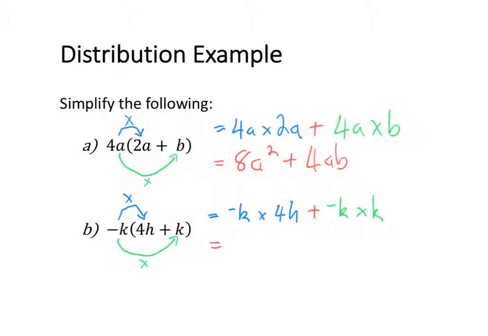So negative k times 4h is equal to negative 4hk, and then plus negative k times k is equal to negative k squared. So my simplified answer is negative 4hk plus negative k squared, or I can write that as negative 4hk minus k squared.